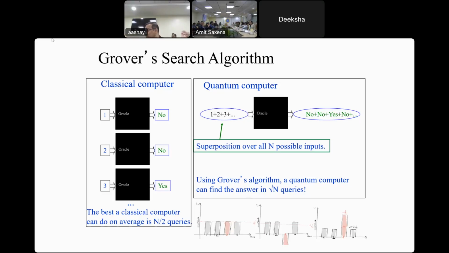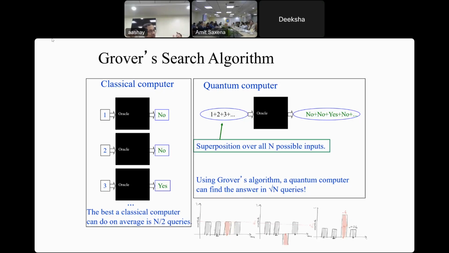I show this in terms of distribution in the lower diagram, where initially, at the extreme left, all were at the same probability. Then this yes, and this is the oracle trick.